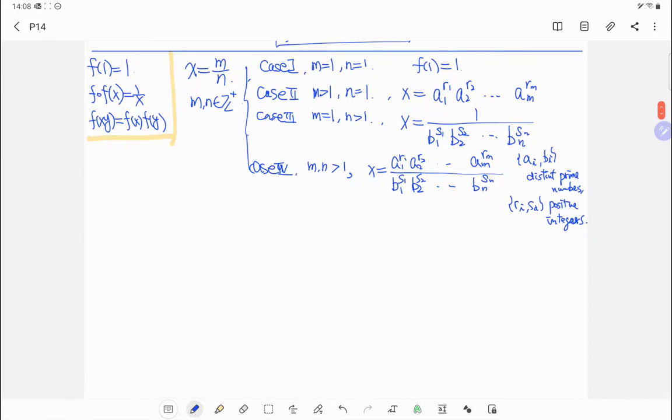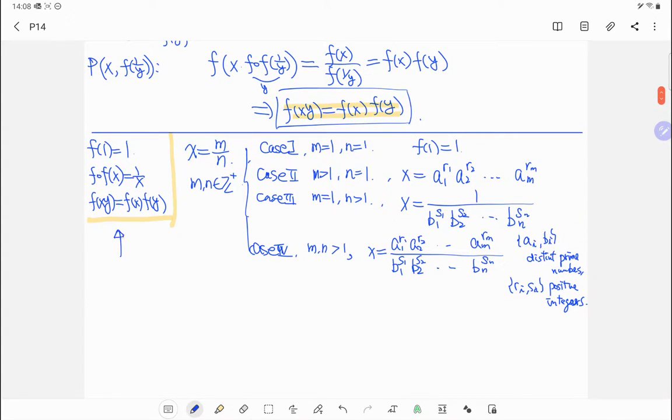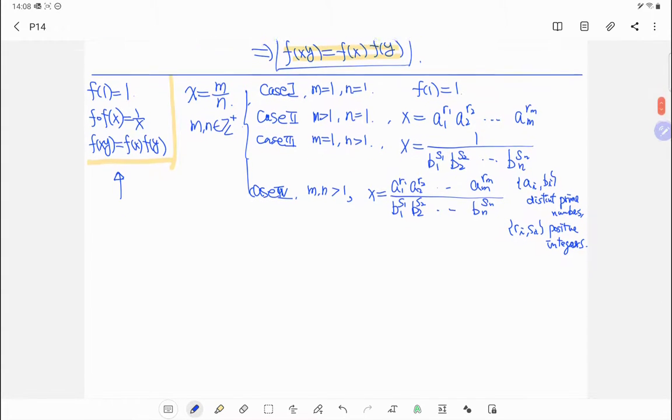So next we'll try to construct a function that will satisfy these properties and such that it will satisfy the original function equation.